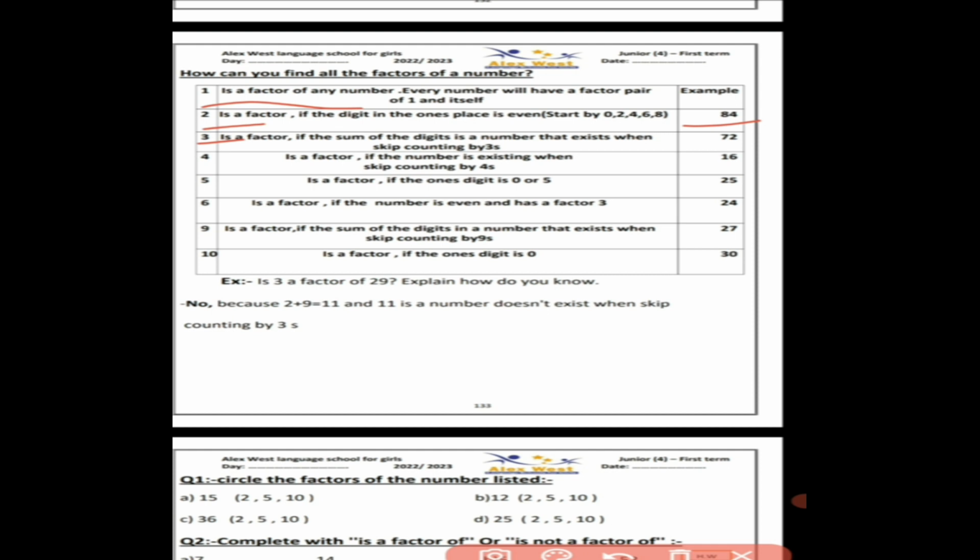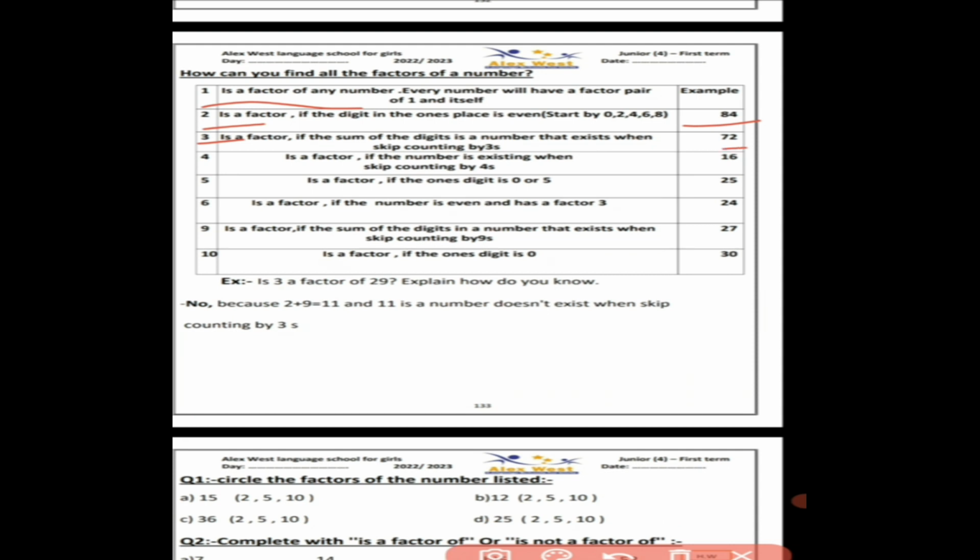3 is a factor of a number if the sum of the digits of the number is found in table 3. Let's take example 72.